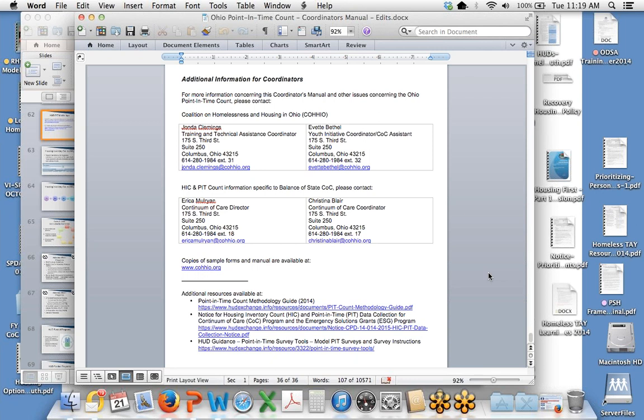Given the more intense concern that there is with a point-in-time count and really getting accurate counts, we really need to provide some additional guidance as to what that's going to look like for the Balance of State. So there's going to be some specific forms that they're going to be reviewing with you, some specific processes and procedures. So really tune in for those webinars if you're part of the Balance of State to be able to learn more about that.